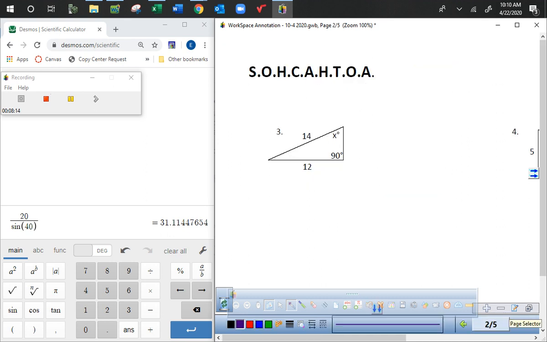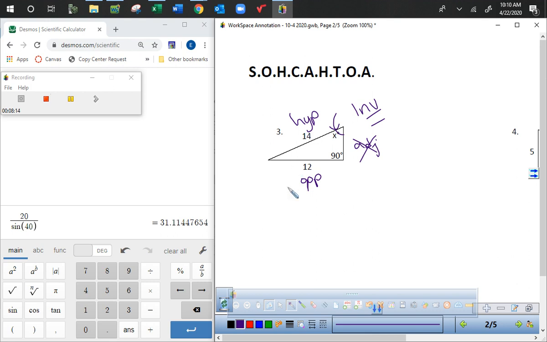Next up, again, the first step is to decide if we need to use the inverse or the regular SOHCAHTOA. That'll tell us our last step to solve. This one, since x is on the inside, we're using the inverse. That's just a reminder when we get stuck on how to solve that. Everything else stays the same. Mark your angle. From there, we've got the opposite side we're working with and the hypotenuse. The adjacent is blank again, so we don't really need that one.